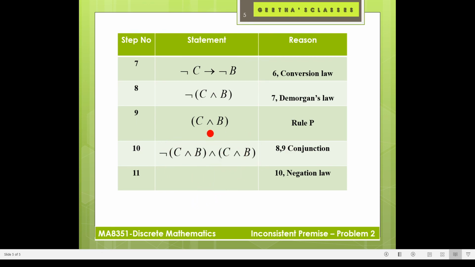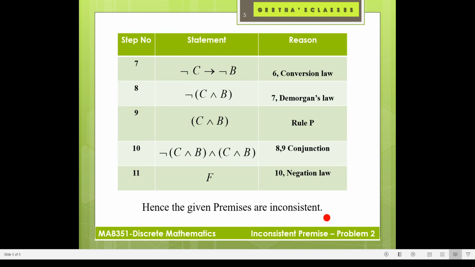Similarly here we can write this as false by negation law. Using the 10th step, we have written negation law, that is the conclusion. We are arriving at false. Therefore the given premises are inconsistent.